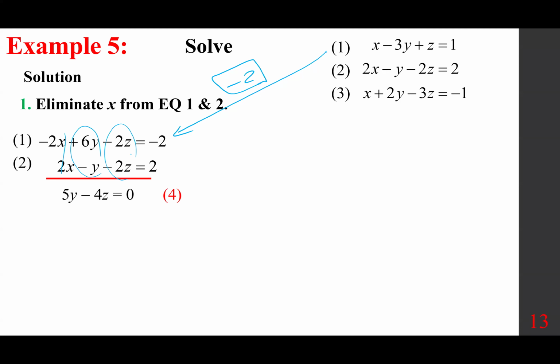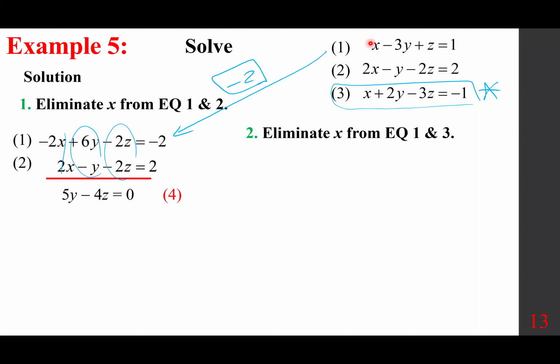We have 2 variables, y and z. We are going to eliminate x from the equation we have not used yet, which is equation number 3 and either 1 or 2. So eliminate x from equation 1 and 3. So how do we do that?